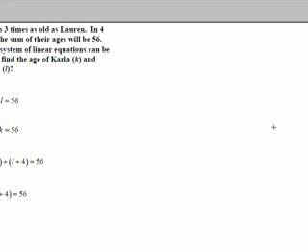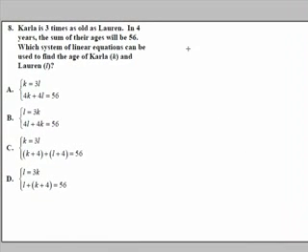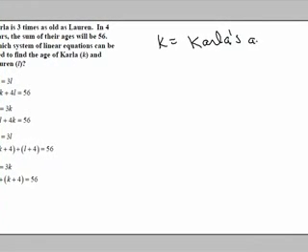Once again, let's read the problem one more time to make sure you understand it. Carla is 3 times as old as Lauren. Like I did in class, I like to define what my variables represent, which they've already done for us in the problem. So K is equal to Carla's age, and L is equal to Lauren's age.